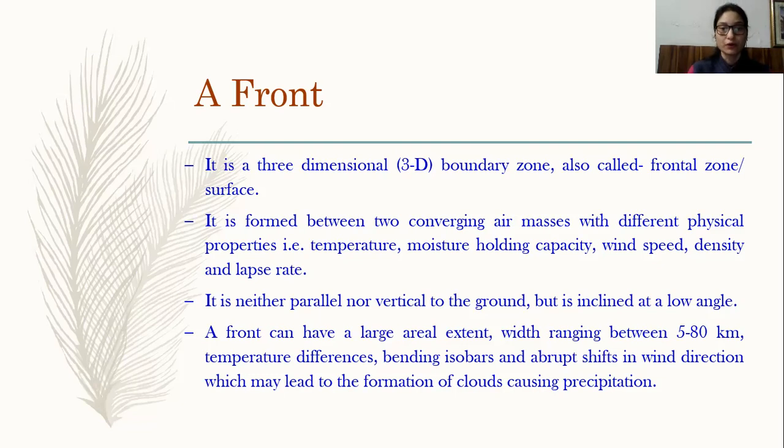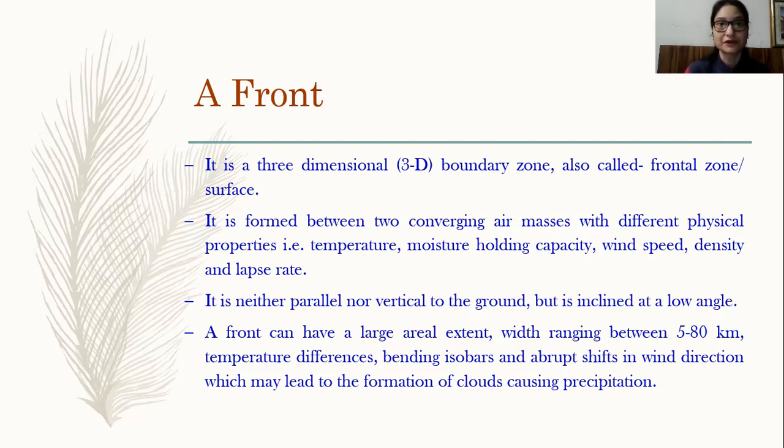Now, when I am talking about a front, I am basically talking about two air masses. And these two air masses are not homogeneous. Homogeneous means similar in characteristics, so these are dissimilar. That means they are heterogeneous, opposing in nature, with a contrasting nature.